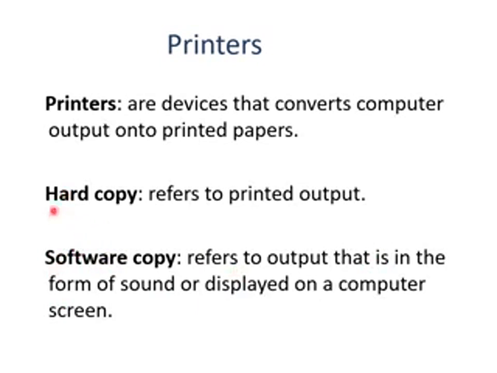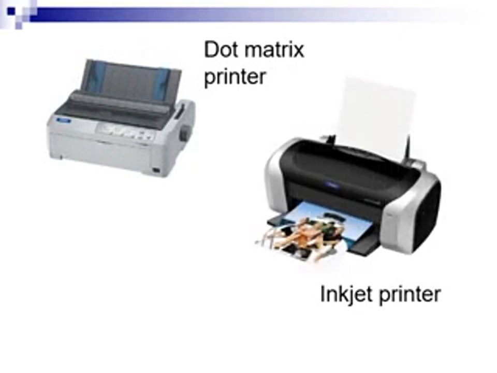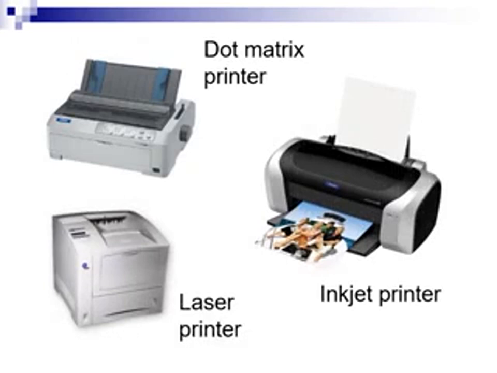That's the opposite of hard copy. And here are examples of printers. We've got the dot matrix printer, we've got the inkjet printer, and we've got the laser printer. All those are examples of printers. They are output devices.